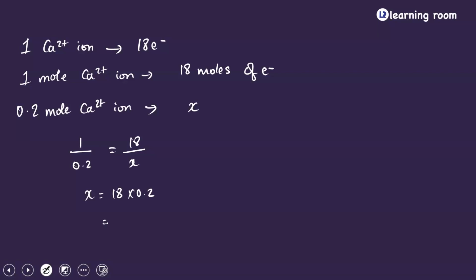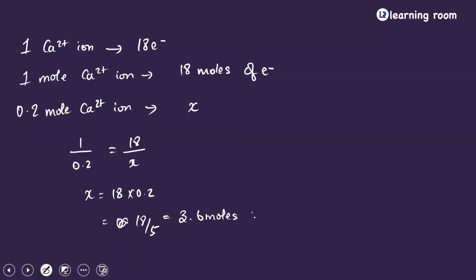Since 1 by 5 is 0.2, let it be 18 by 5. So 18 by 5 moles of electrons we have got. If it is 18 by 5 moles of electrons, it will be 3.6 moles of electrons.